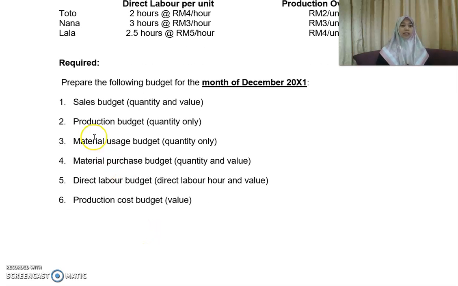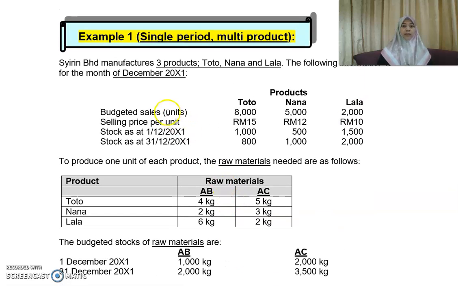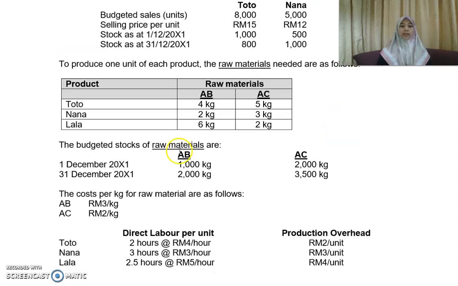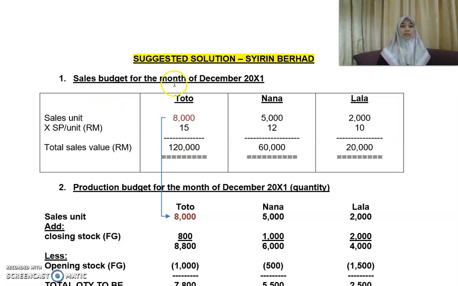First, let's start with the sales budget in terms of quantity and value. From the question, you are given the sales in units and the selling price per unit. That will be for Toto 8,000 times 15, for Nana 5,000 times 12, and for Lala 2,000 times 10. So that is your sales budget for the month of December 20x1.